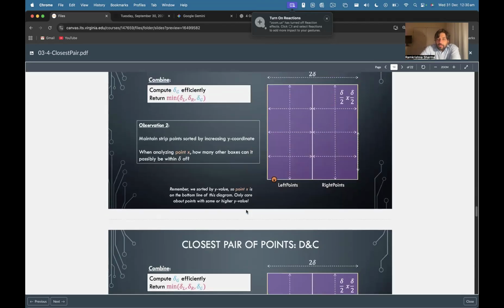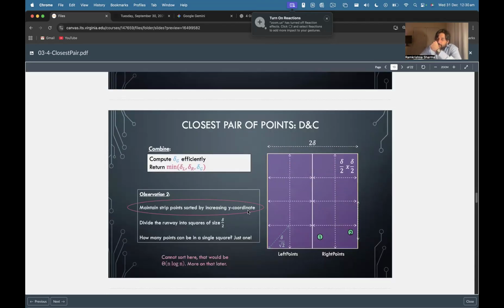Now, the problem was that sorting on y is O(n log n), but there's an argument that you can reduce it to linear time by, when you're recursively calling on the left and the right, keeping track of what those points would be sorted on y when you return. You pre-sort them, and then you combine them.